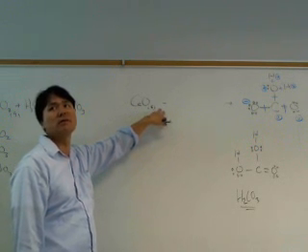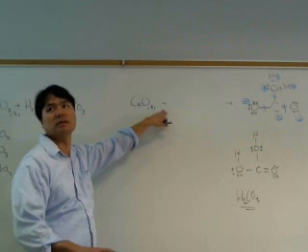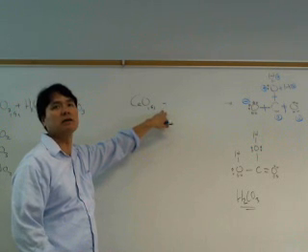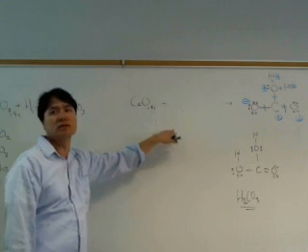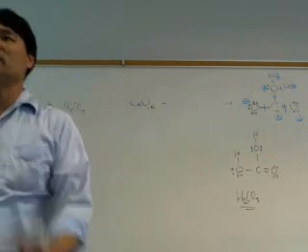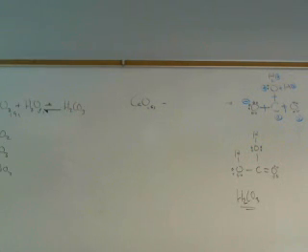The only reason that calcium oxide is not a powerful base is because calcium oxide is not very reactive because it's a solid. There are lots of solids that you mix with water, you get a violent reaction. The reason why calcium oxide is not very reactive is because it is not soluble.